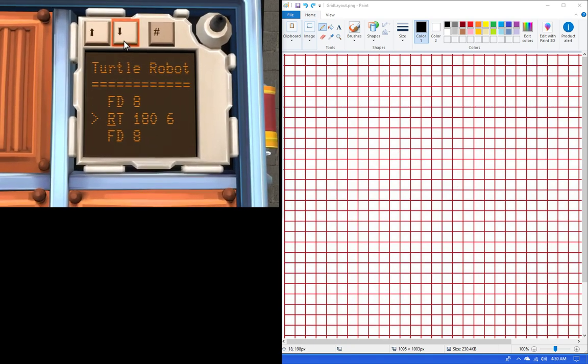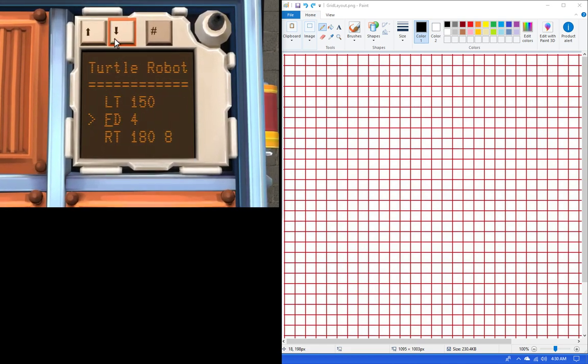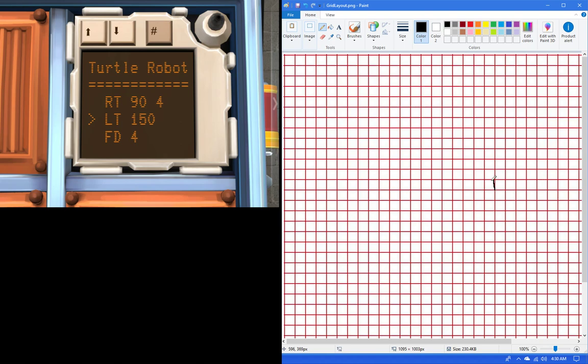So I'll go up here, this will be my starting point. I'm going to rotate 150, go here, and then down here we go forward 2. Something close to that.